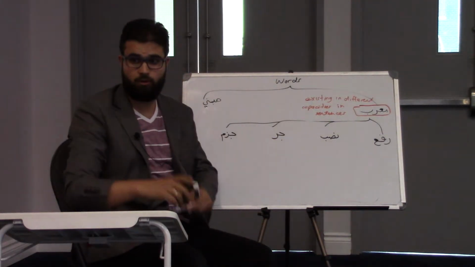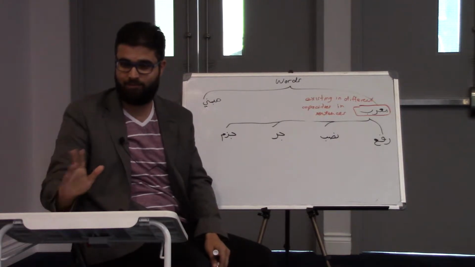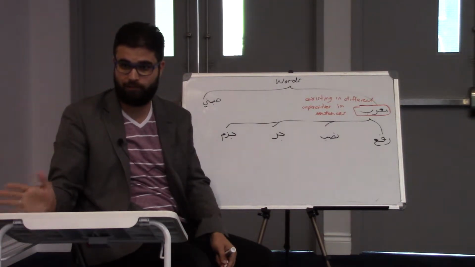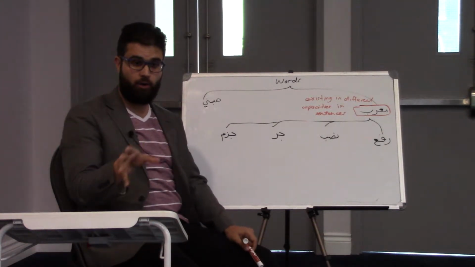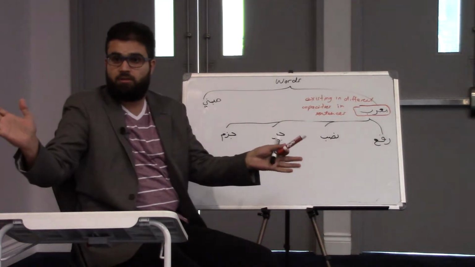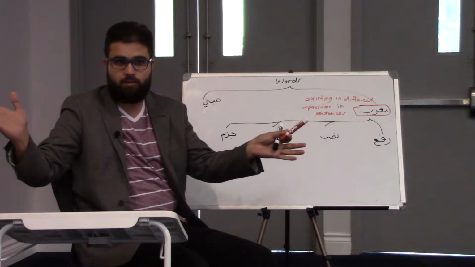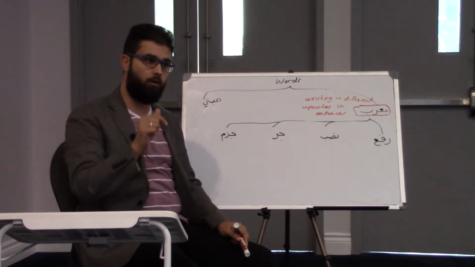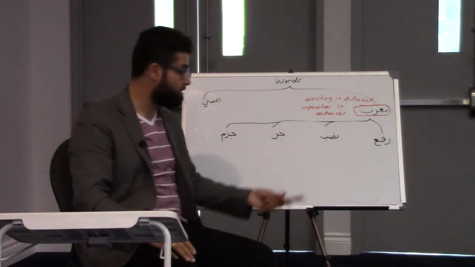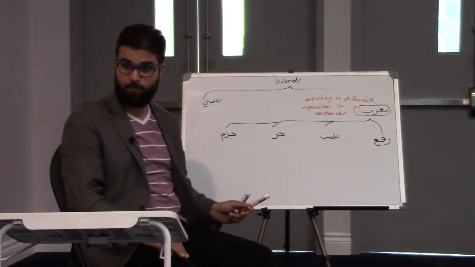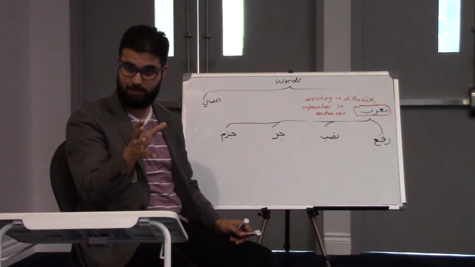Mabni says no, it can only exist in one capacity. There's really no other way for us to look at it, right? Mu'rab says no, this word, depending on where it exists in the sentence, works in different ways, right? So how do we know in which capacity this word is existing in the sentence? Well, we have four markers, right? So we have four statuses basically.